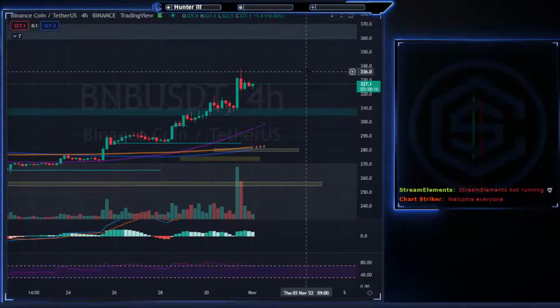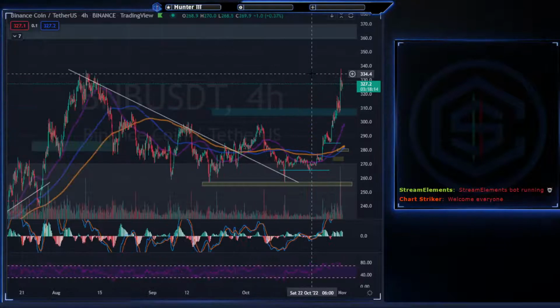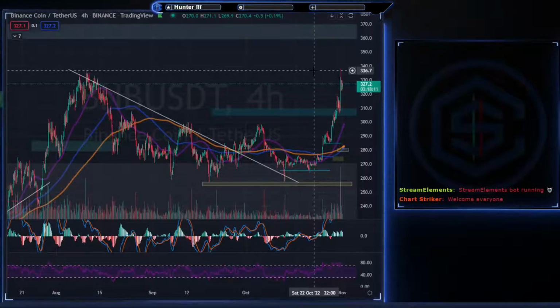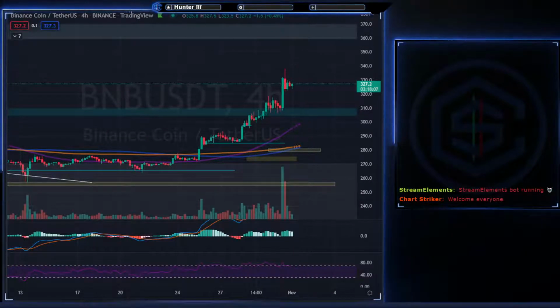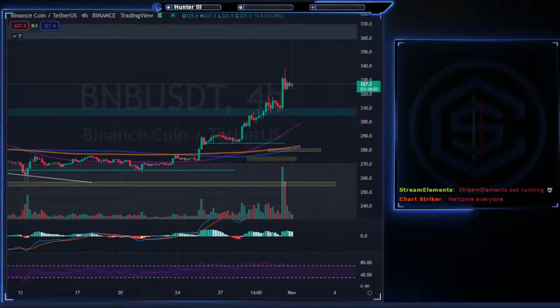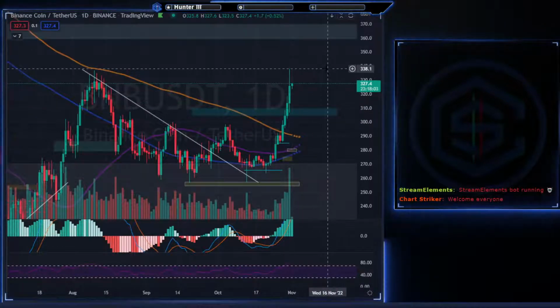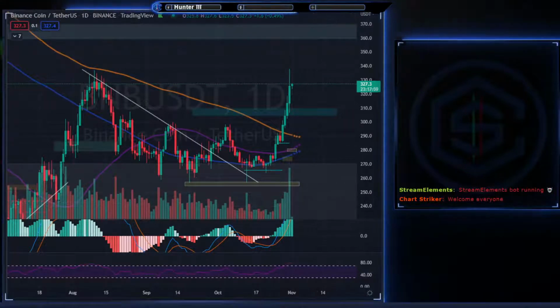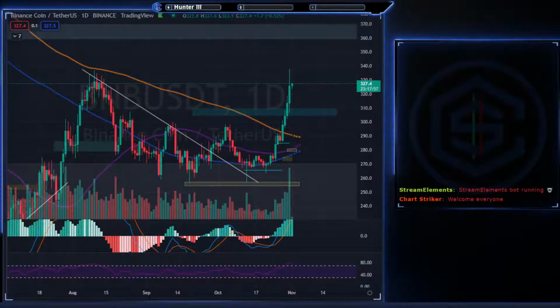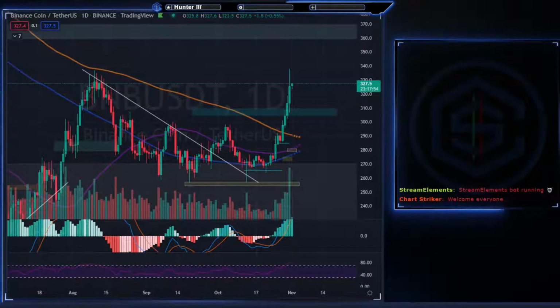But if it breaks above it, guys, it means bullish breakout. If it breaks above it and closes a 4-hourly above that level, okay? Daily would even be better, but you guys know what I mean. So that's BNB. What else?